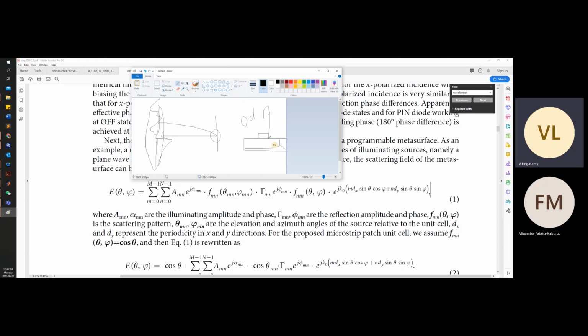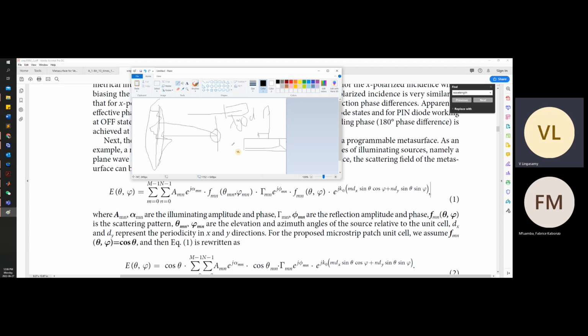The moment it enters this patch, which we can consider as an artificial dielectric, there will be a decay in wavelength. For example, lambda will become lambda g.